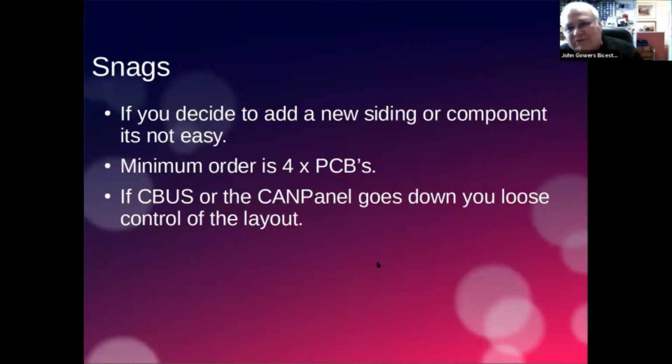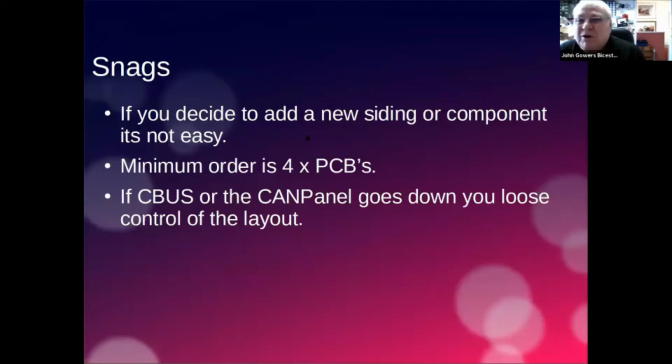So what are the snags for doing that? Well, there are some. First of all, if you change your mind and want another siding or want to change the format, clearly it doesn't work very well. I have managed some simple modifications using extra bits of wire, but it's not a good plan really. So you are stuck with what you've got.